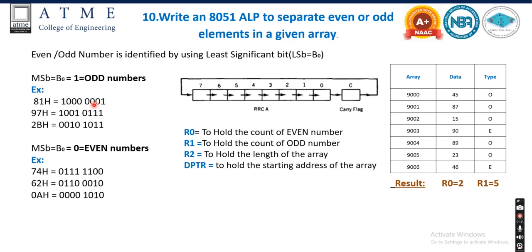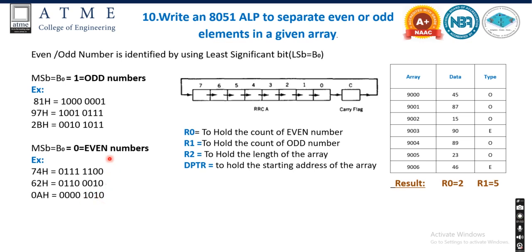The bits are B0, B1, B2 and so on, and 8 bits are used to represent the data. So B0 for an odd number will be equal to 1. Similarly, consider even numbers, for example 64H, 62H, and 0AH. A is nothing but equal to 10, which can be represented by 8 plus 2.